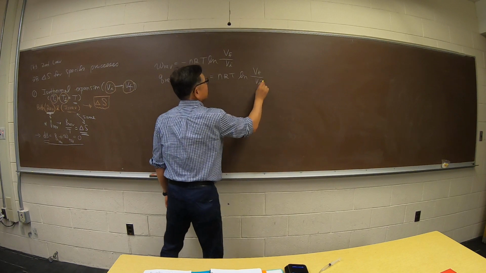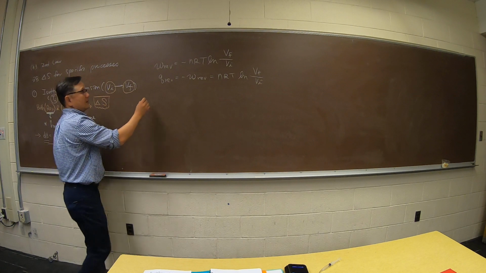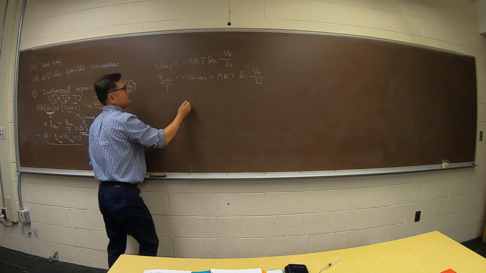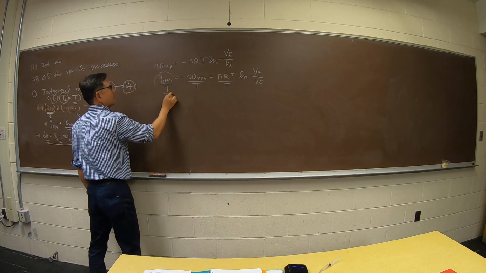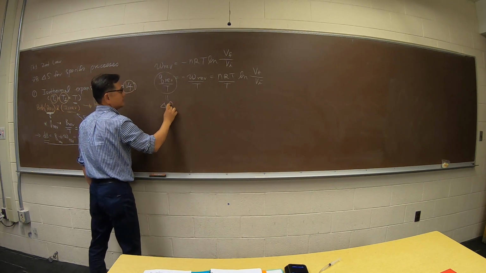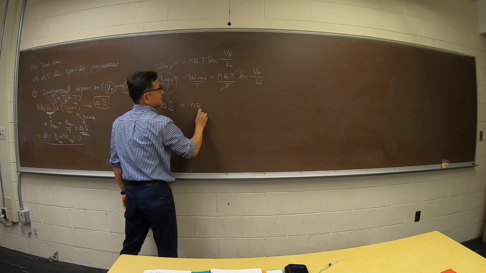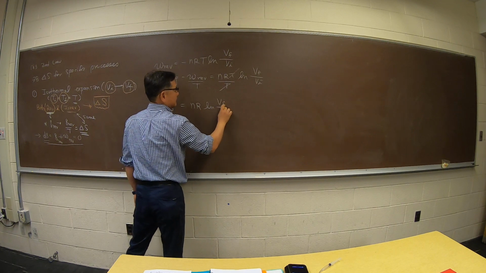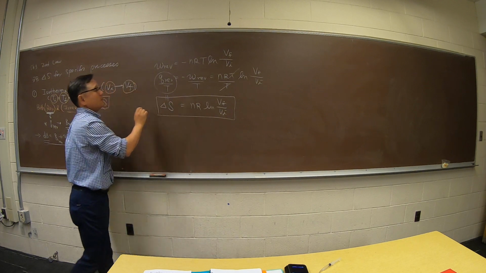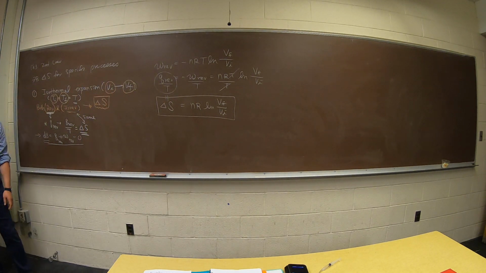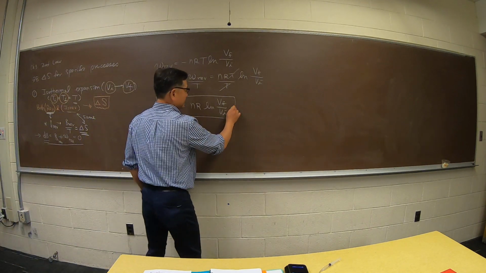times the logarithm of the volume ratio, and then I just divide by T here, and this term becomes my delta S. So my delta S is now nR ln(V final over V initial). So I have an exact equation, as long as the process is isothermal. If I know the volume change, this is something I know.